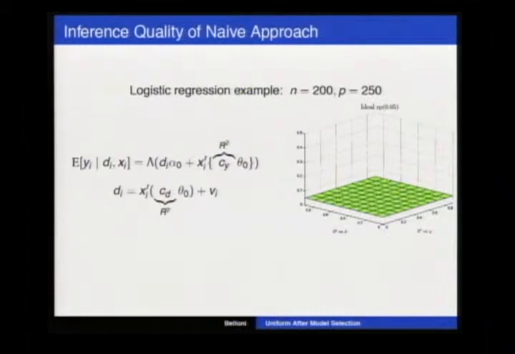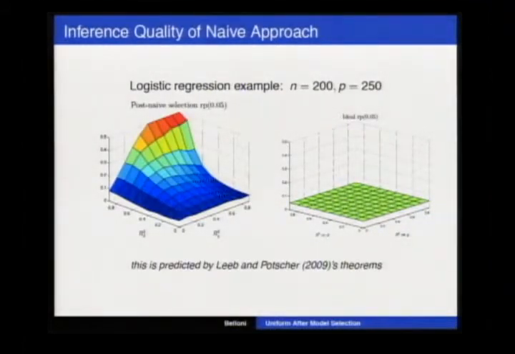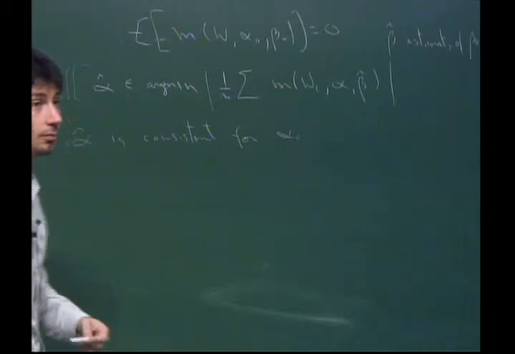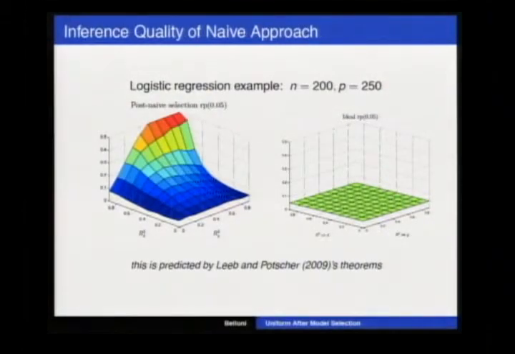When I do this procedure, that's the picture I get in terms of rejection probability if I build a 95% confidence interval through this method. If you look here, you see this thin line that actually works.